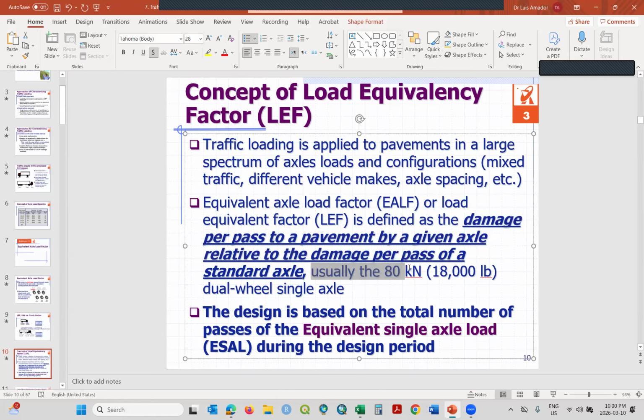And the standard axle is your 80 kilonewton. However, if you go to Europe, I think they use 15,000 pounds. You can check. But the US and Canada utilize the 18,000 pounds or 80 kilonewtons.